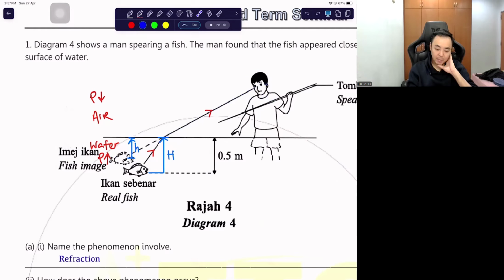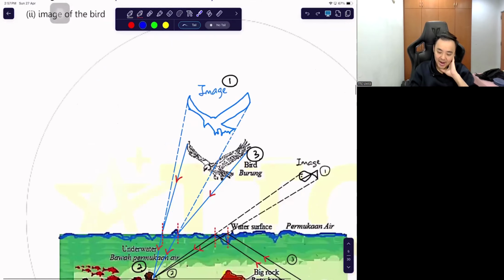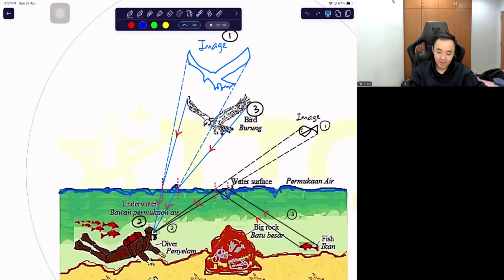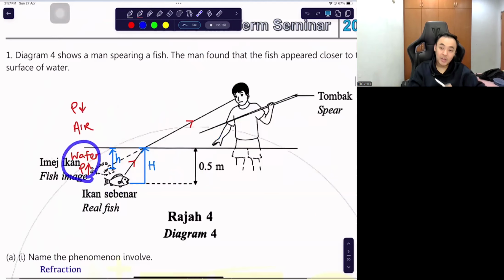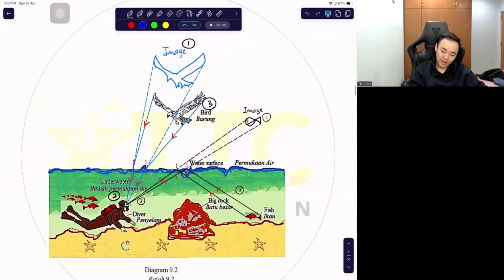Meaning your light travels from denser to less dense, they look closer. But now the light is from outside, like here, air, less dense to denser. Then the logic will reverse. Denser to less dense, they look closer. That means less dense to denser, they look further away. So that's why this one, up here, is further from your eyeball.